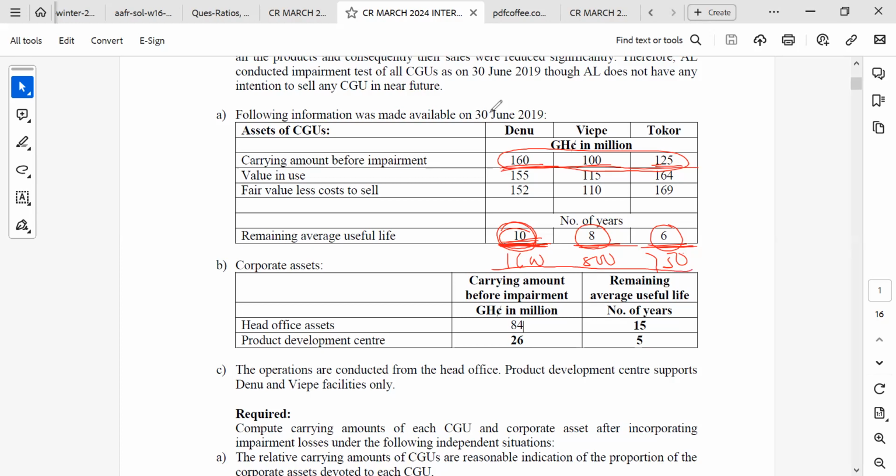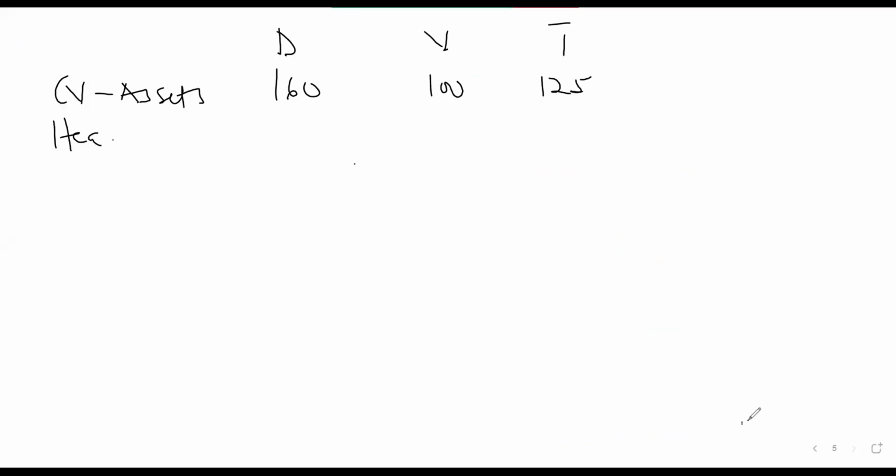So we put the total together. What will be the total for them? 3,150. Let's now share them. The head office will be shared in a proportion.